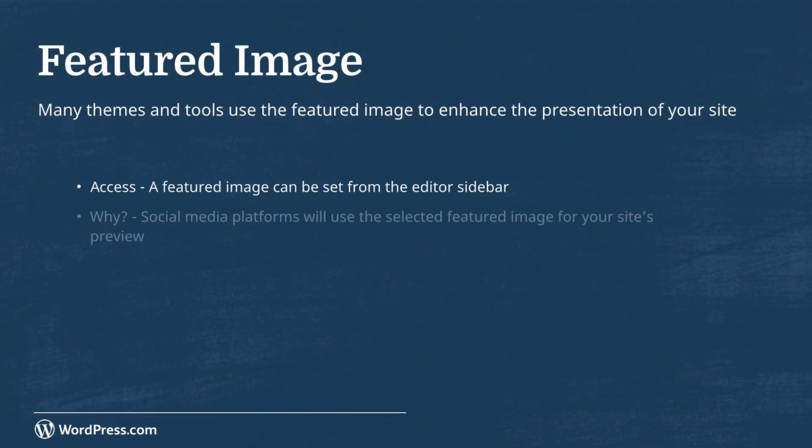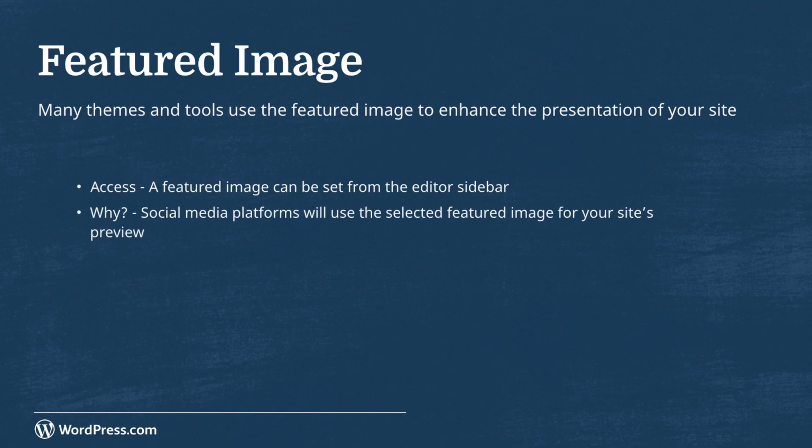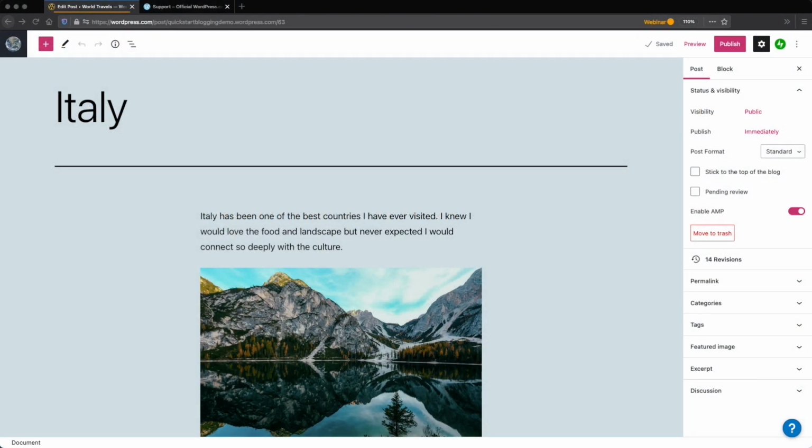Themes and specific blocks will use the featured image throughout the site when displaying posts. This will also be the image that social media platforms will use when you share a post. We'll find the option to add a featured image to our post in the Featured Image tab in the right-hand sidebar.